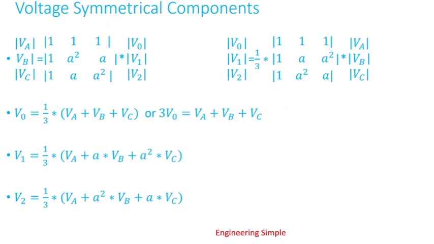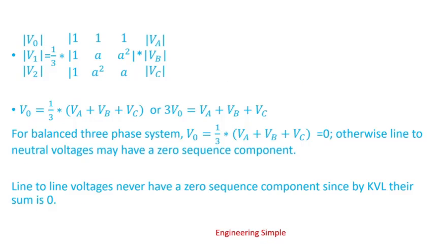So you can do the same thing for voltage. Basically, it's the same matrix, like we did for the zero sequence current. So V0, the zero sequence voltage, is 1/3 times the sum of the phase voltages.